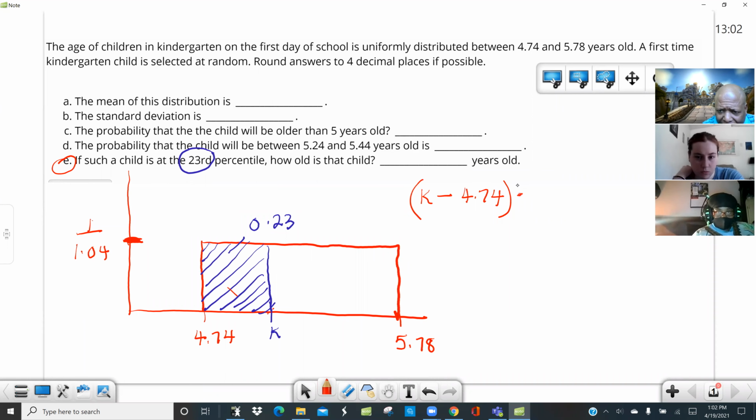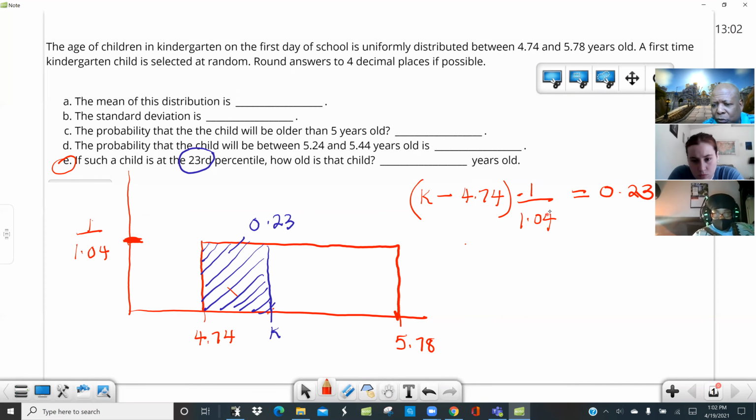So times the height, which is 1 over 1.04. And we know that area to be 0.23. So you set up that kind of situation and find out how that K should be to make sure that your area is 0.23.